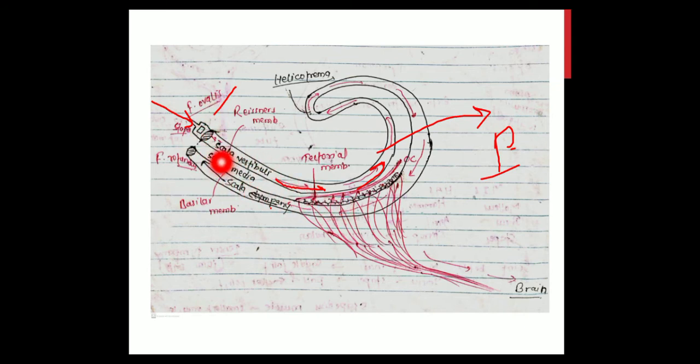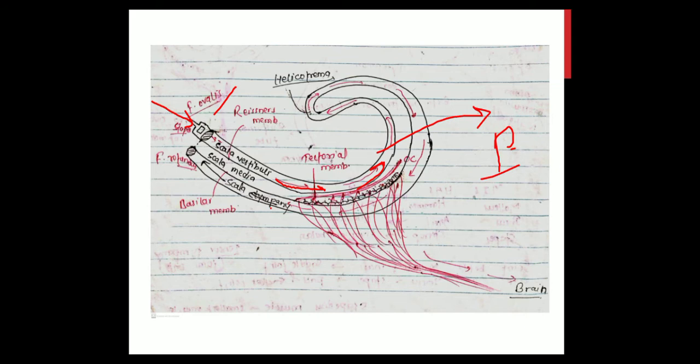At first the sound vibration comes to the scala vestibuli from the fenestra ovalis. Then we need to understand three more concepts here. The membrane that separates the scala vestibuli and scala media is Reissner's membrane, and the membrane that separates the scala media from the scala tympani is the basilar membrane. Very important terms here.